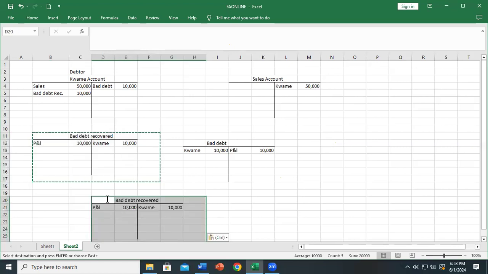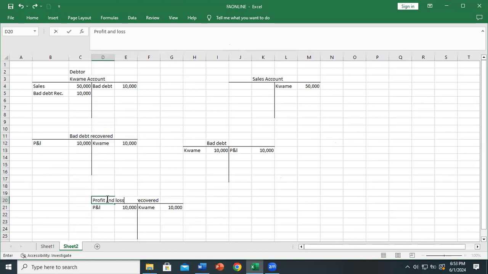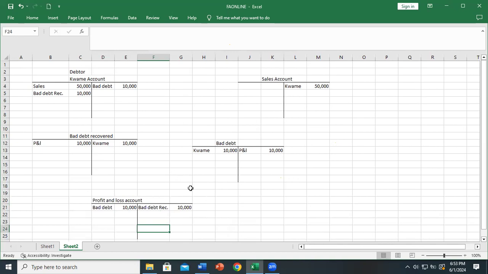You would reckon that there will be bad debt at the debit side, and bad debt recovered also at the credit side. What does it mean? It means that these things have cancelled each other, and for that matter, there has been no effect because the debt that was cancelled has now been recovered.